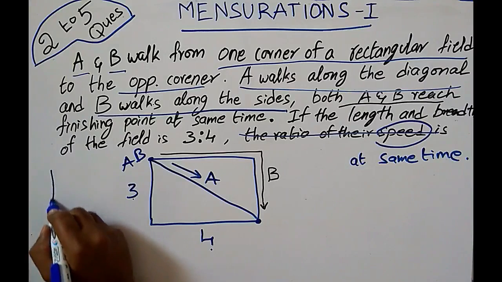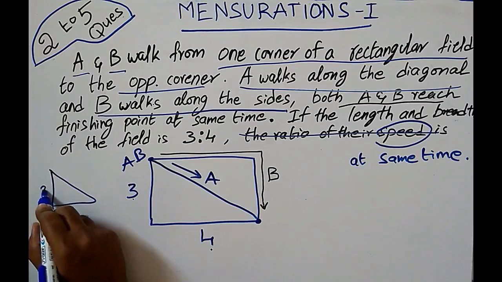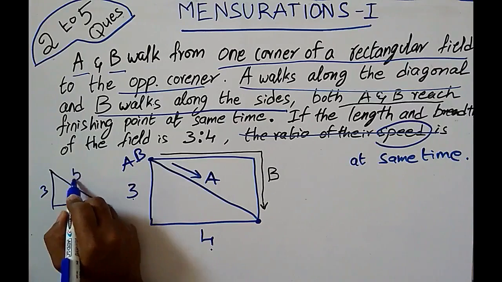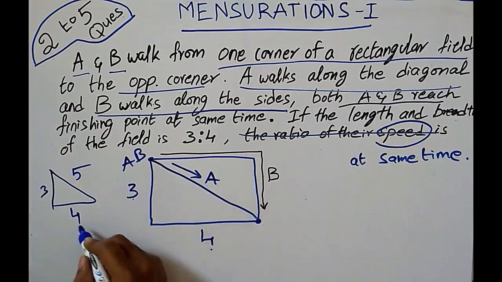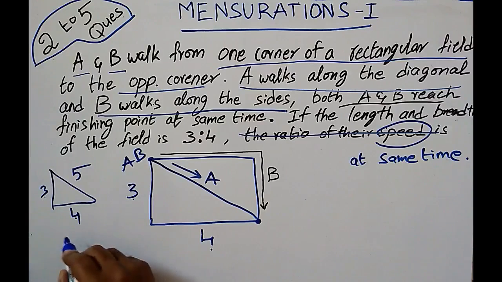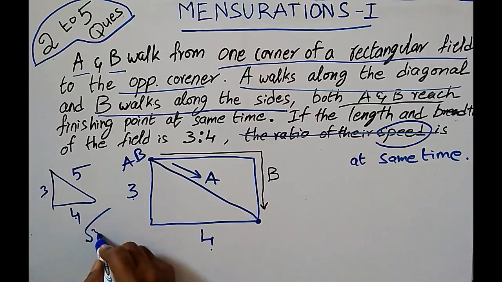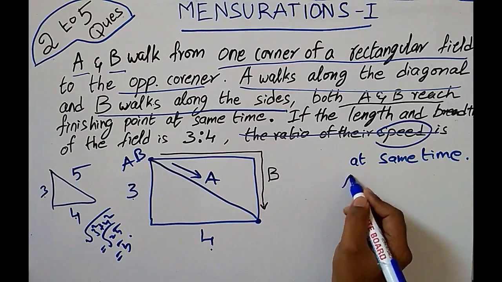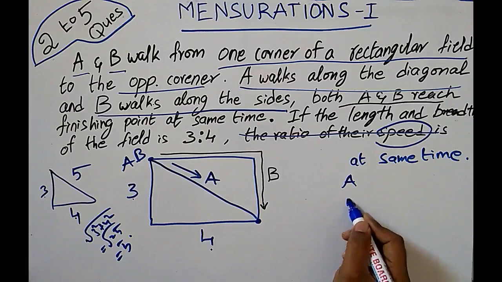For a right angle triangle, one side is 3, the other side is 4, and the hypotenuse is 5, friends. The square root of 3 square plus 4 square is equal to root of 25. We will get 5. So the distance traveled by A is 5.